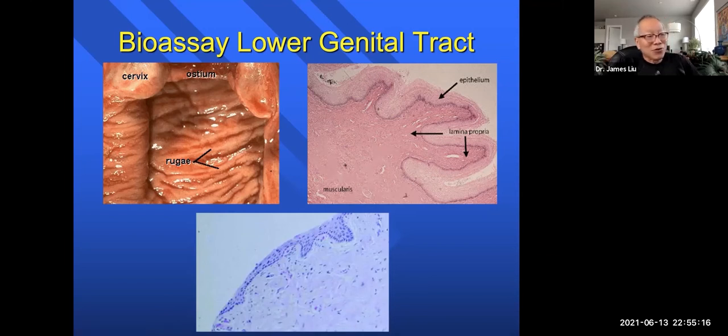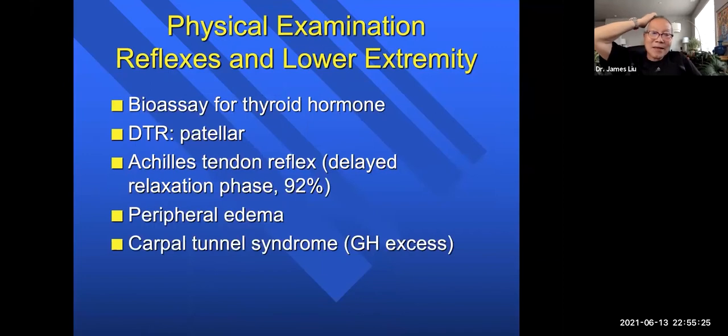One can also do a pap smear, I guess, to look for the grading, but you're not going to get it back anytime soon, so this doesn't really help you. And then lastly, a lot of people don't do reflexes. You can look at tendon reflexes. The one that sticks in my mind is the Achilles tendon reflex. You have the patient kneel on a chair, and then you tap the Achilles tendon.